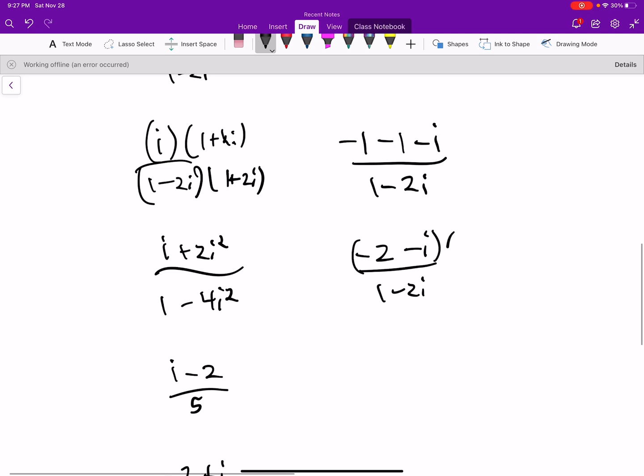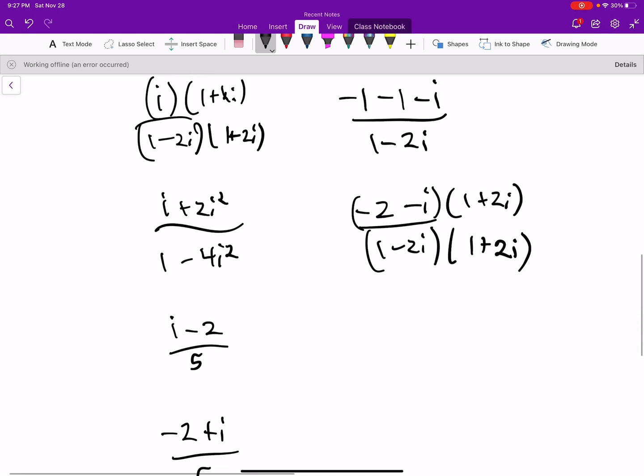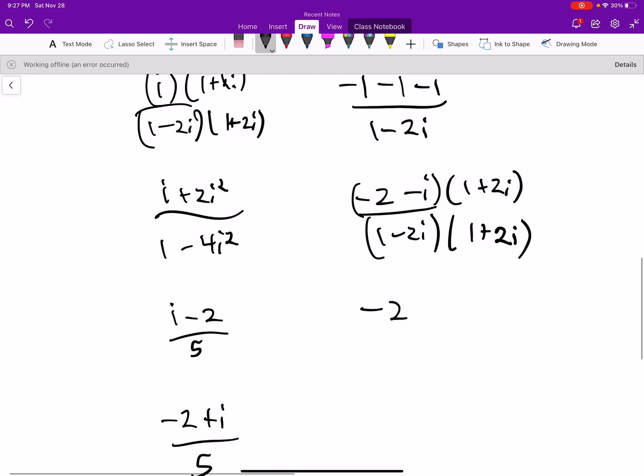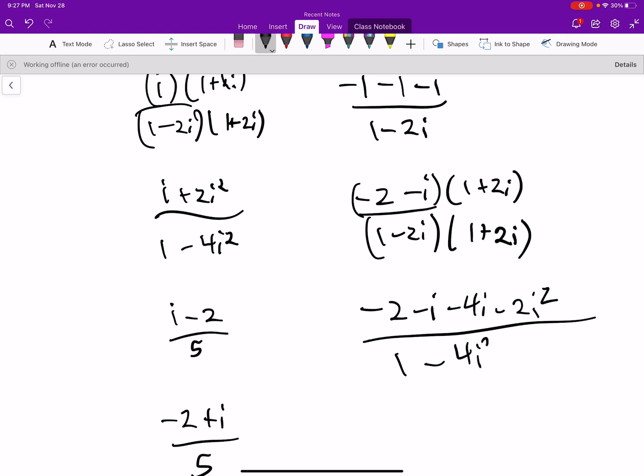And then I think it's called rationalize the denominator, right? It's 2i plus 2i. And then we end up with negative 2 minus i minus 4i minus 2i squared, right? Yep. And then on the bottom we get 1 minus 4i squared.